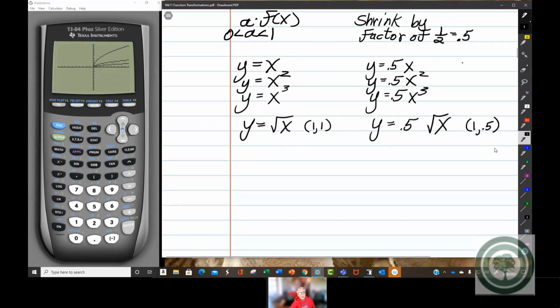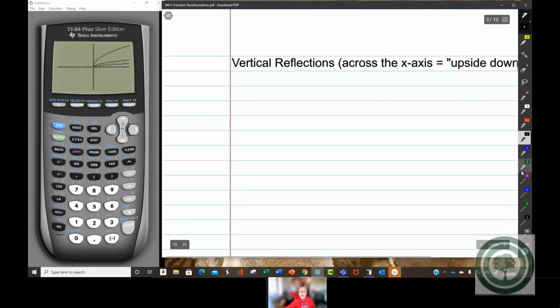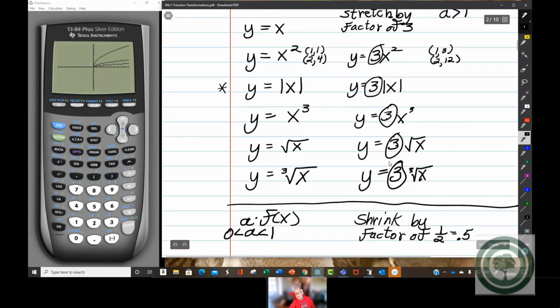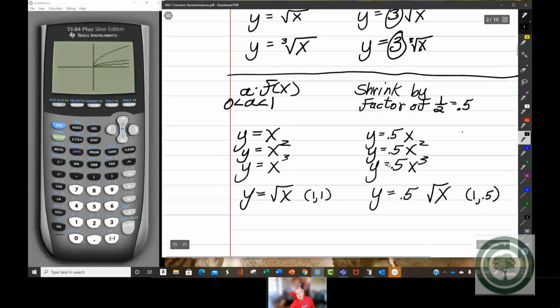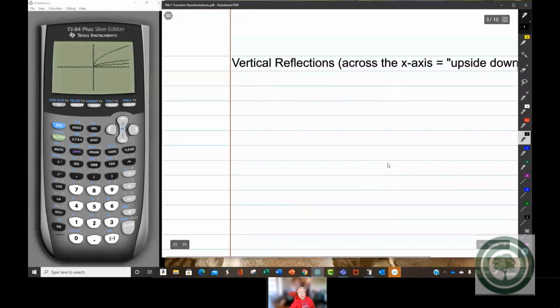All right, well, what else can you do with this little bugger? You can reflect it. And these vertical shifts, vertical stretches and shrinks, and vertical reflections are the easiest, because once you get to the horizontals, it becomes decidedly more difficult.